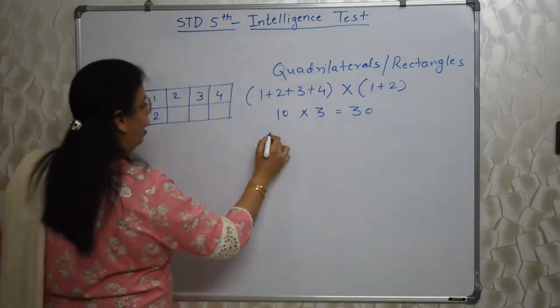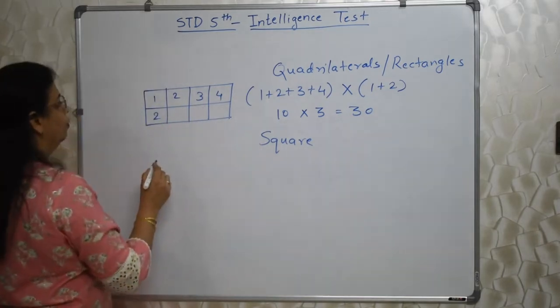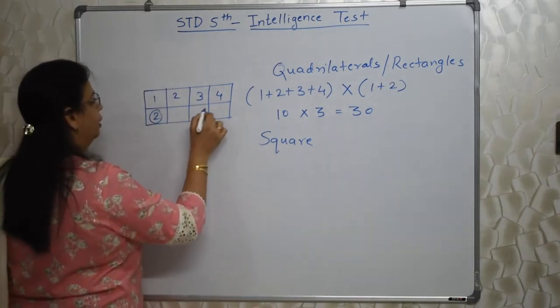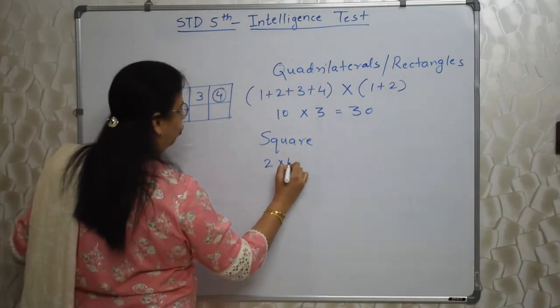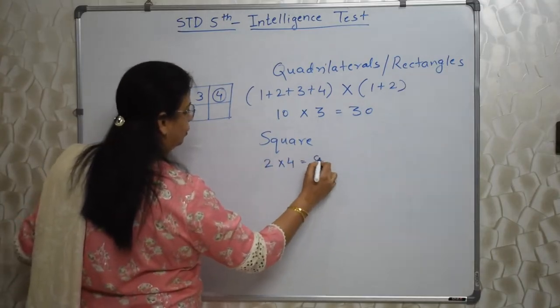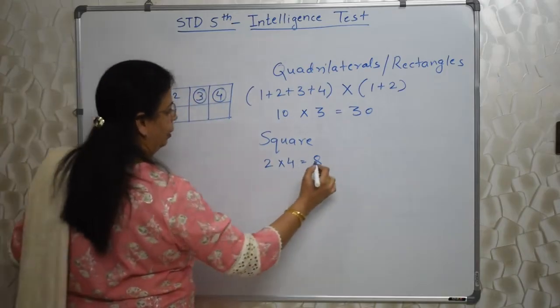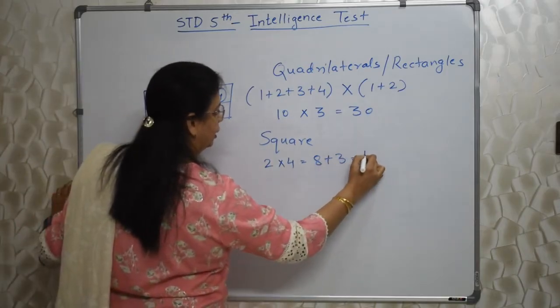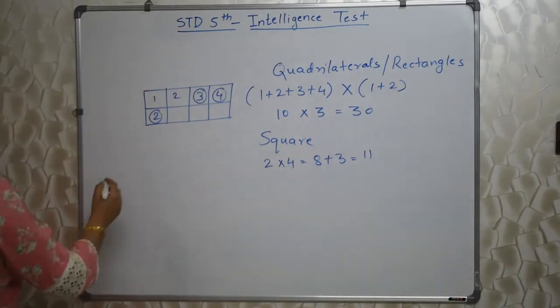If they ask squares, then what is to be done? Same figure. Then what you do? Take the maximum number here. Take the maximum number here. 2 into 4. 8. Right? Then add the next maximum number available? 3. That is 11. Answer is 11. Right?